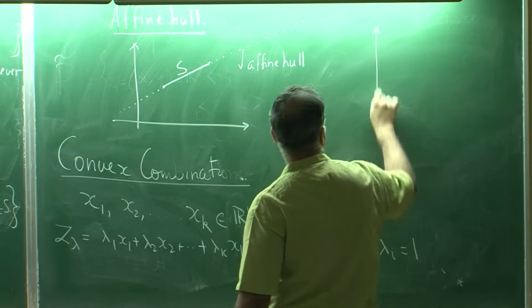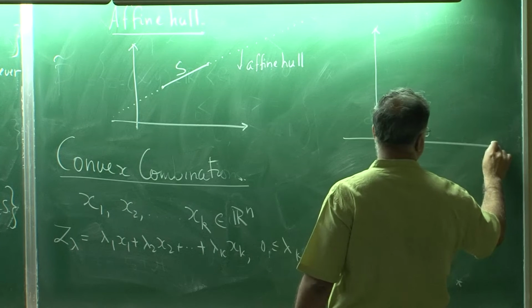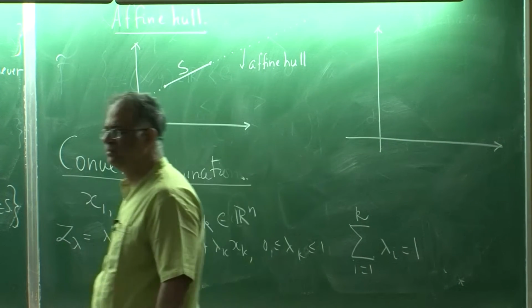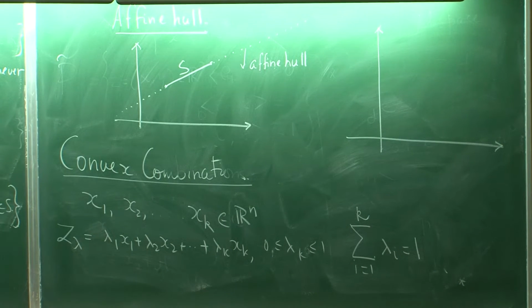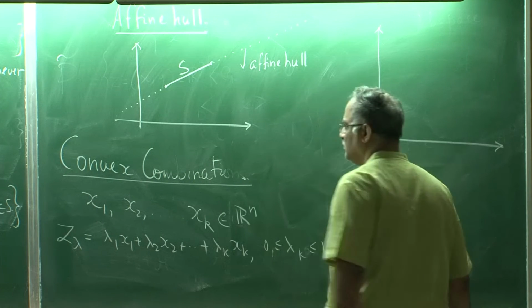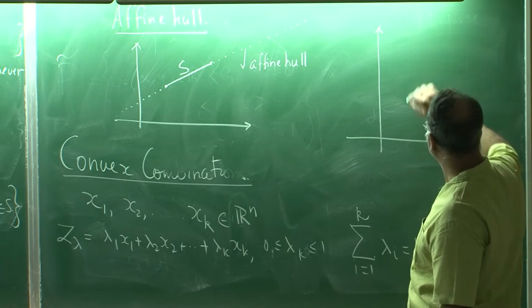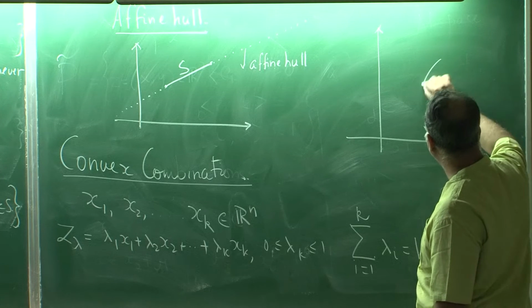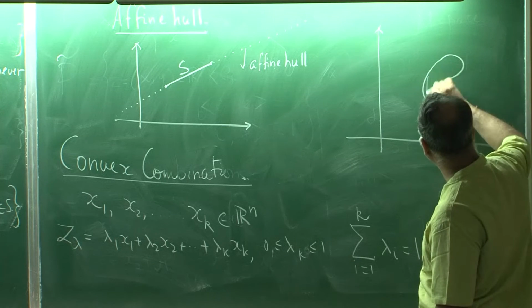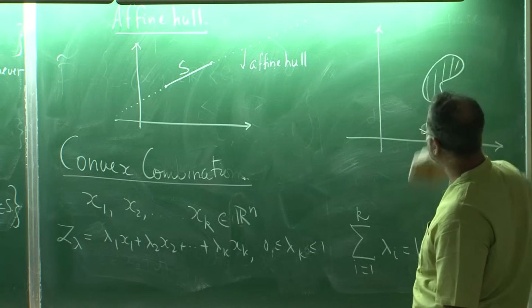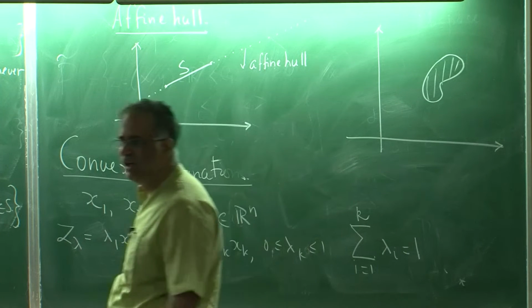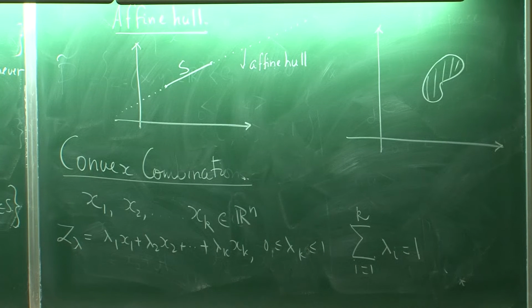But if you have a set like this, what is the smallest affine set which is containing this set?